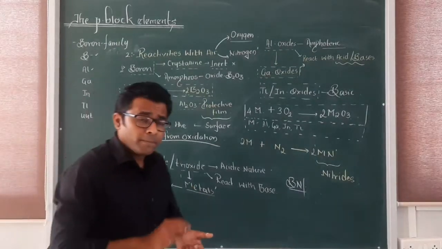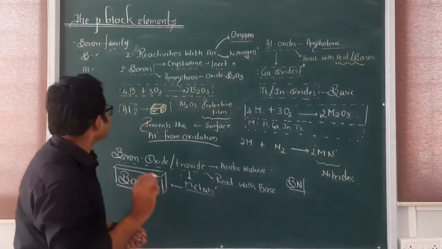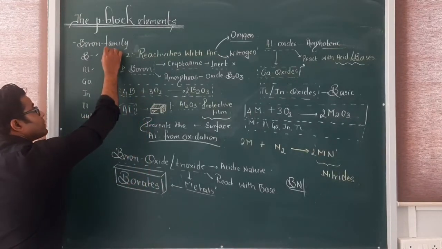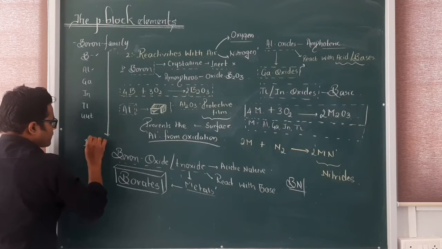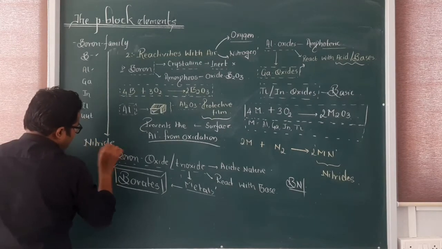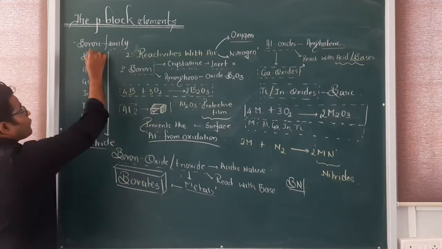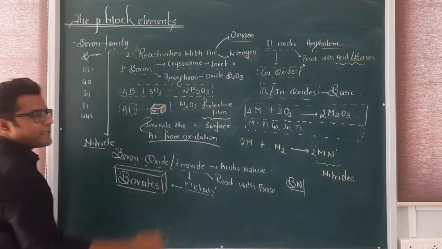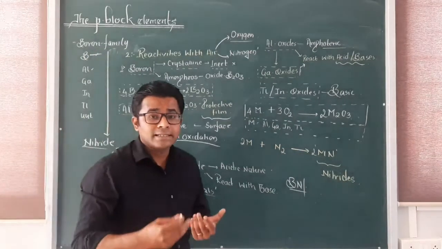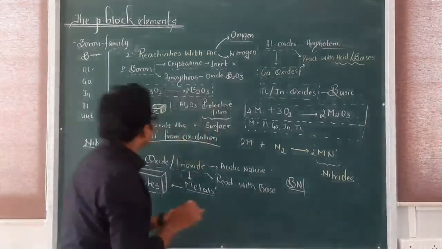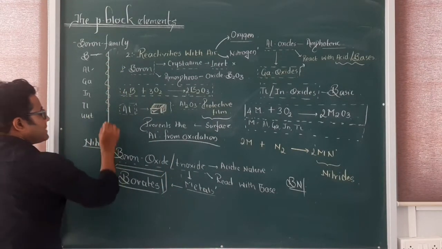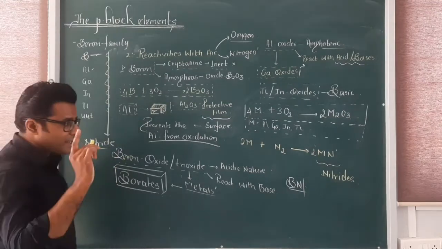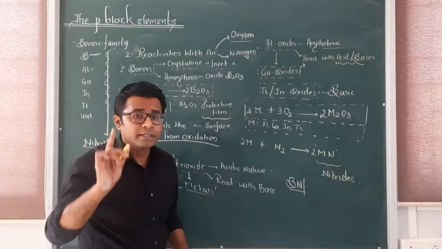Okay, now here one thing that we have to observe is whenever it is forming nitrides. Okay, now first when we observe boron nitride, it is much more acidic in its nature. As we travel down this particular group, the acidic character goes on decreasing.